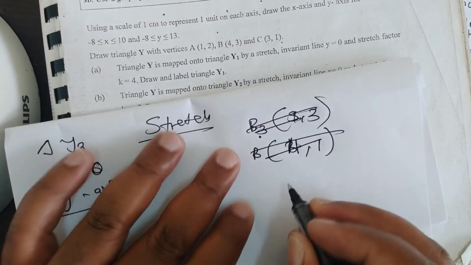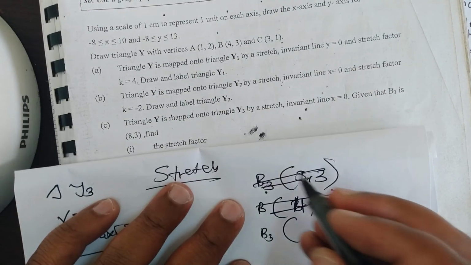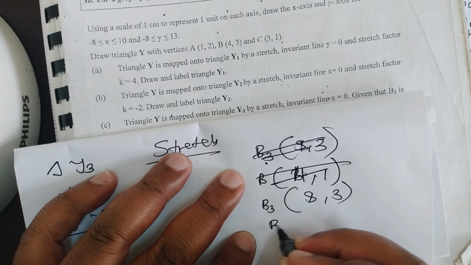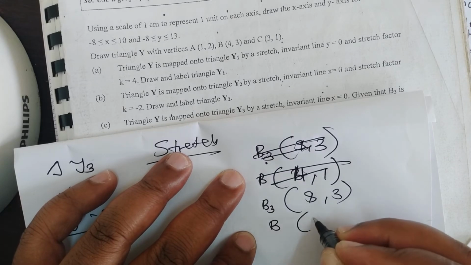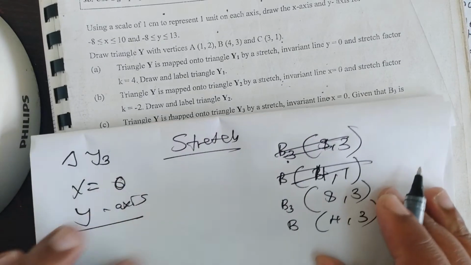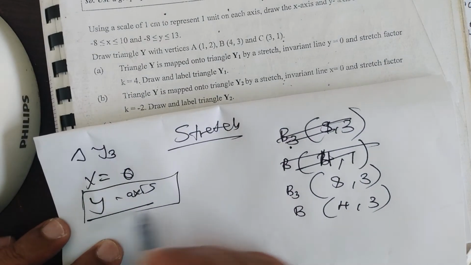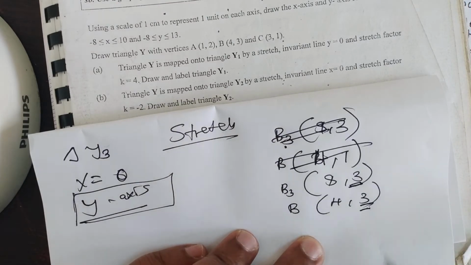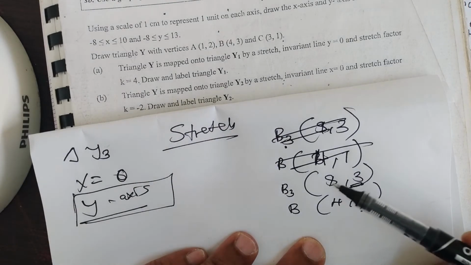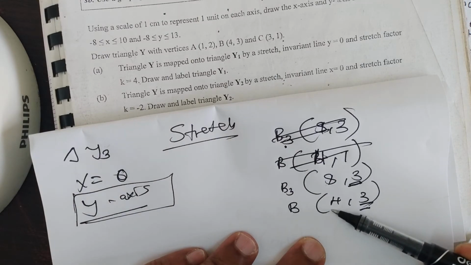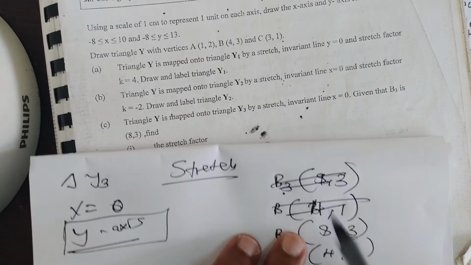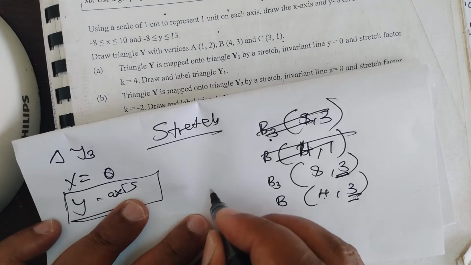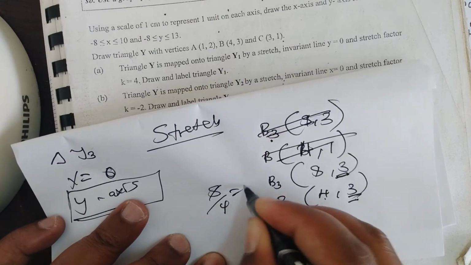Let me write nicely. B3, we've been told that B3 is 8 comma 3. But the coordinates of B are 4 comma 3, and since we said the y-axis is the invariant line, that is why here the y coordinates are maintained. Now you've seen that this is 8 and this is 4. So the question is, what is the stretch factor? You just divide 8 by 4, and the answer is 2.